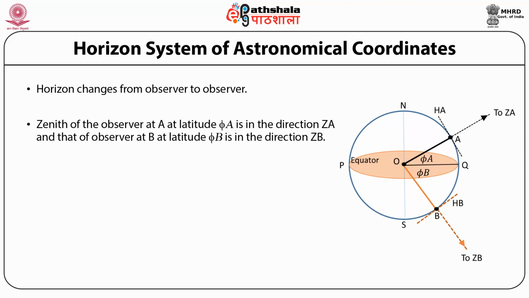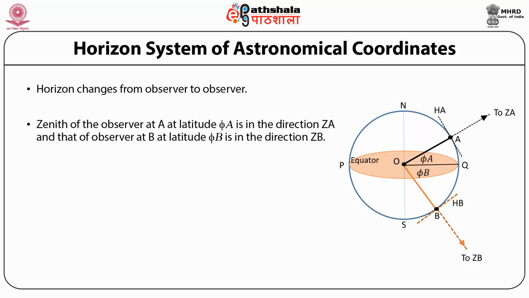The latitude of observer A is phi A and the latitude of observer B is phi B, and their respective horizons are also shown. Since their horizons are different, the coordinates of a star will be different for the two observers.